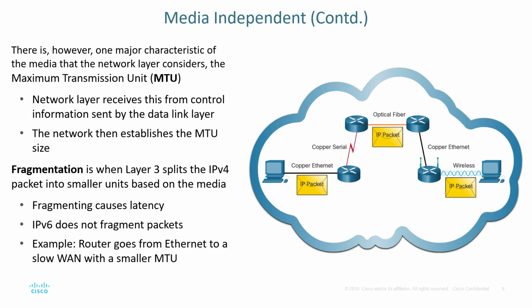So if I'm going to split my packets up, I have to make sure, based on the media in place, that my MTU size is equal to the size needed for the media.